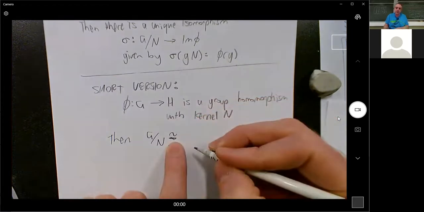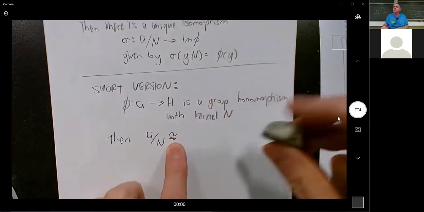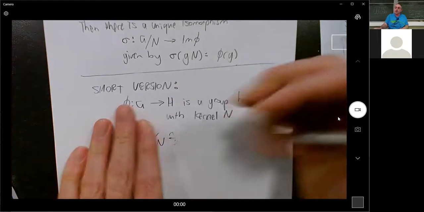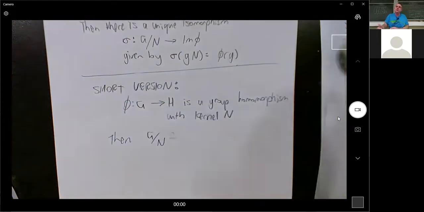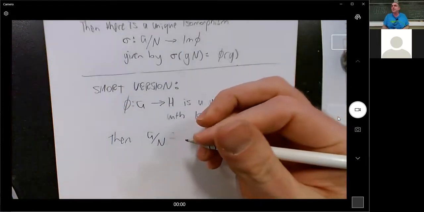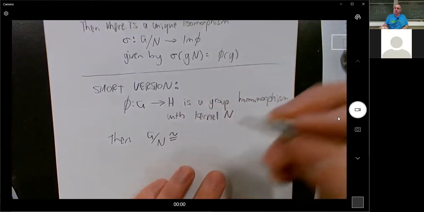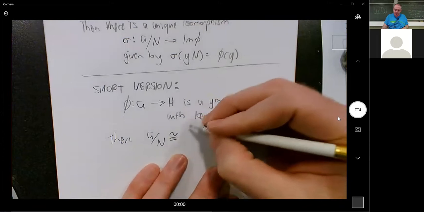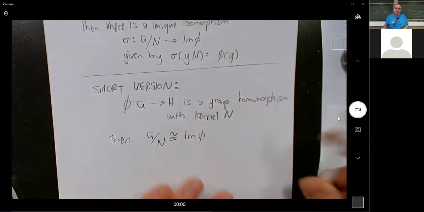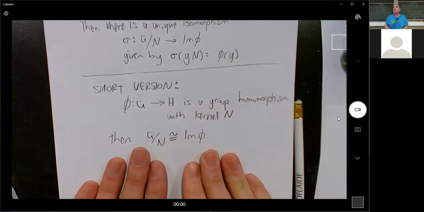Are there two equals in an isomorphism symbol or just one? Which one does he use in his text? Sure, I'll use both. It feels good to me to use both. This is the short version.